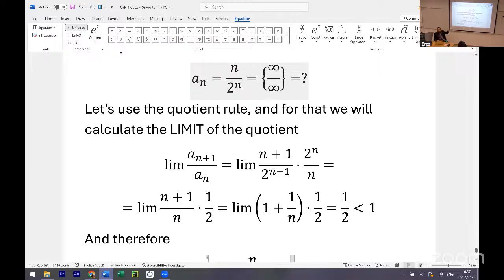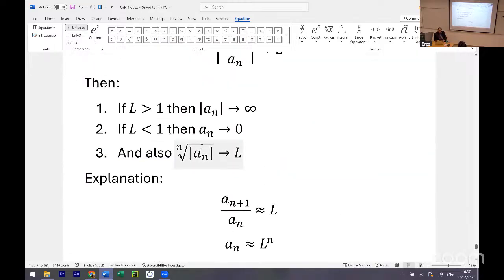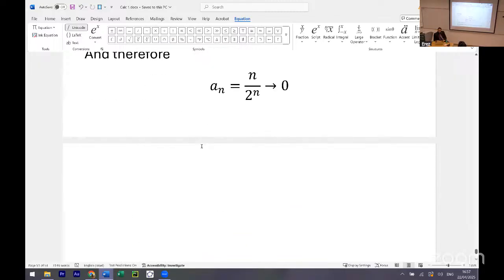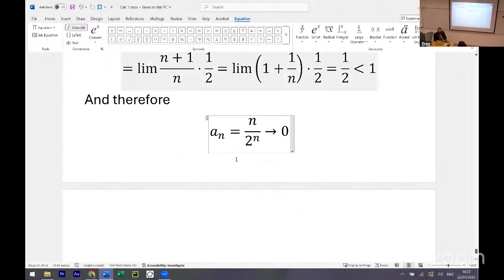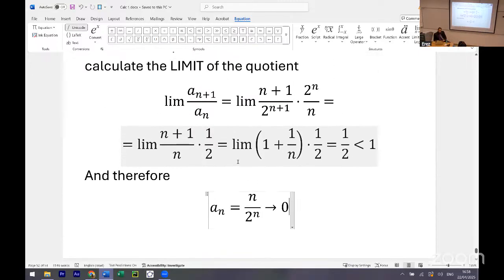That means it's like the geometric series and it tends to zero. That's the idea behind the quotient rule. 1 plus 1 over n basically tends to 1 because 1 over n tends to 0, and then we multiply it by 1/2 and we get that. That's arithmetic of limits that we can do safely.